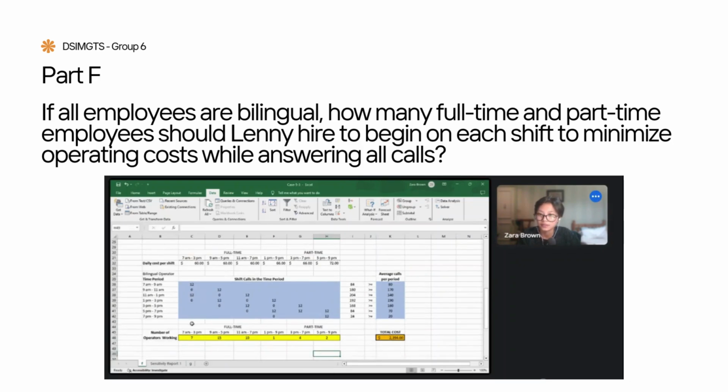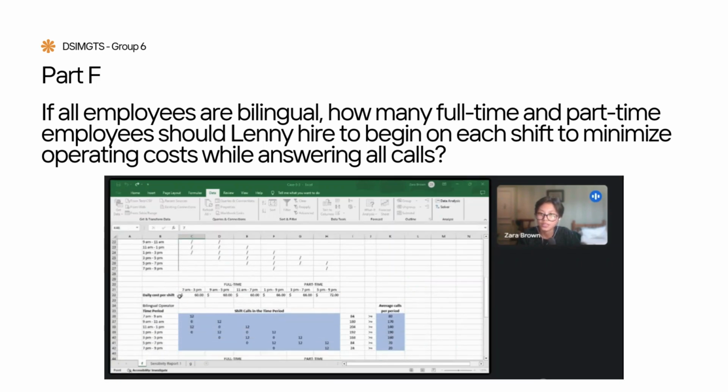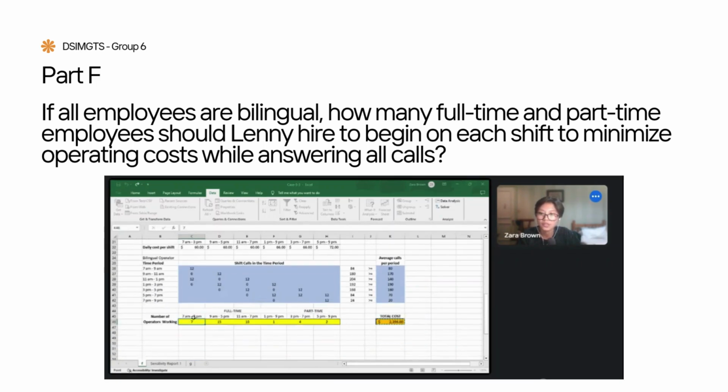All right. So right here, in the solver that we used, the objective would be the total cost, which is the sum product of our daily cost per shift right here and the number of operators working those shifts. And we'd be at a minimum to keep a minimum cost. The changing variables would be this number of operators working.